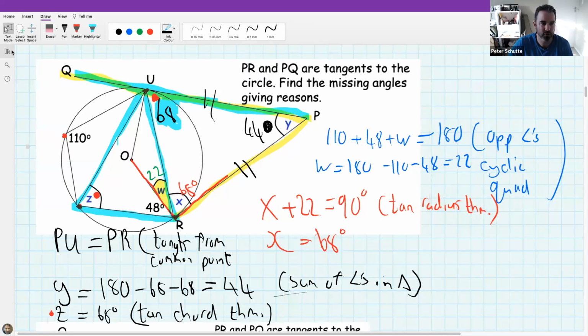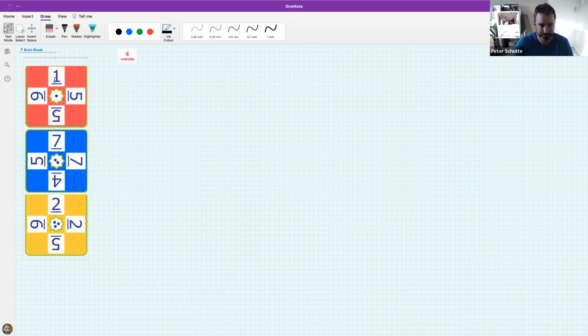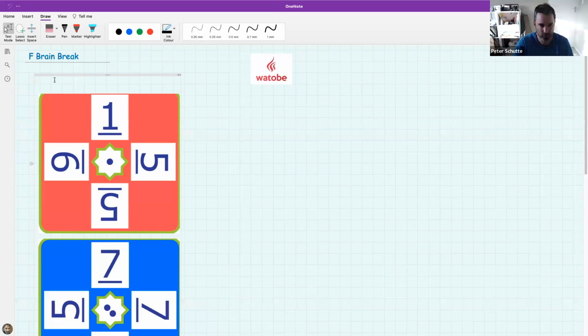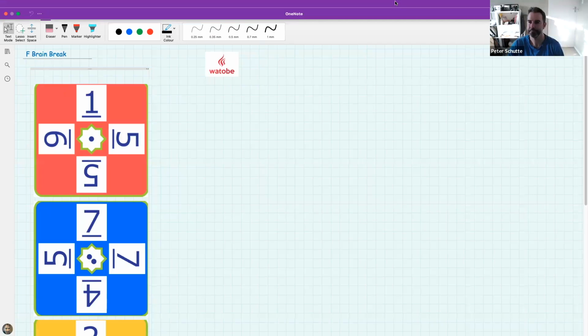And then let's do a Maths 24 brain break. Can you solve either of these two Maths 24 puzzles? Can you solve any of those Maths 24 puzzles?